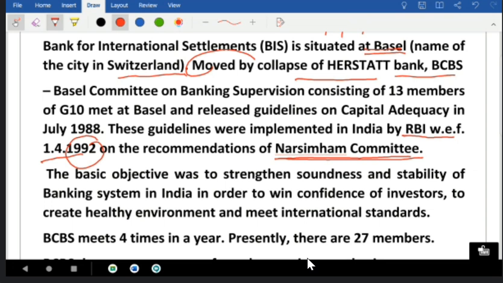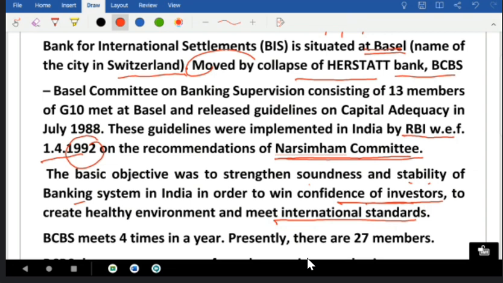The basic objective was to strengthen soundness and stability of the banking system in India in order to win the confidence of investors. Okay, because investors are the main source of income for the bank. When investors invest their money, only then is the bank able to lend the money to borrowers. Okay, and to create a healthy environment and meet international standards.